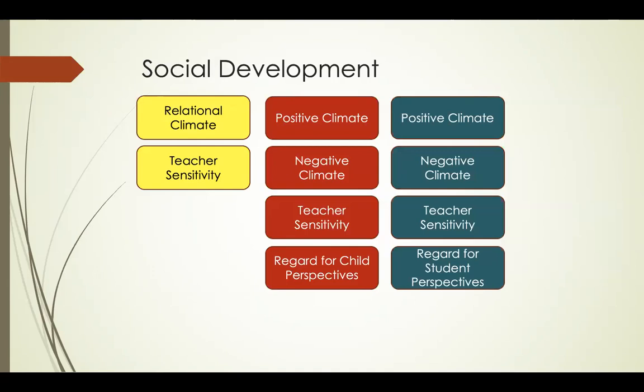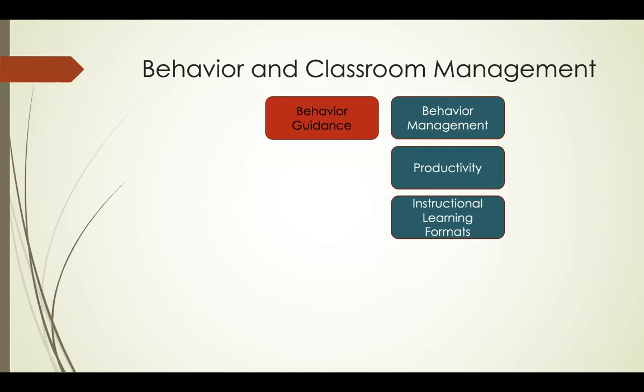From that overarching idea that we saw earlier of emotional and behavioral support, the column in the middle is broken down even further within that domain into these dimensions. So this really focuses on the social development of the children. And behavior guidance is what's focused on for the behavior and classroom management aspect of interactions.